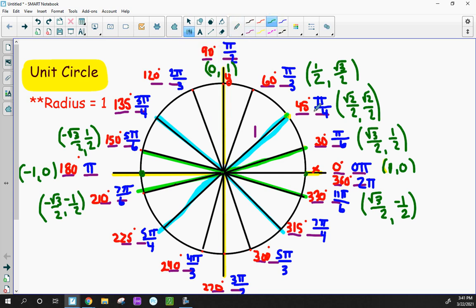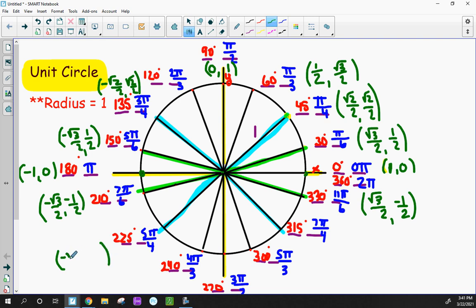So, 45 degrees is radical 2 over 2, radical 2 over 2. Then 135 is negative radical 2 over 2, comma, radical 2 over 2. Okay, jumping down here, third quadrant, the x and the y have to be both negative.